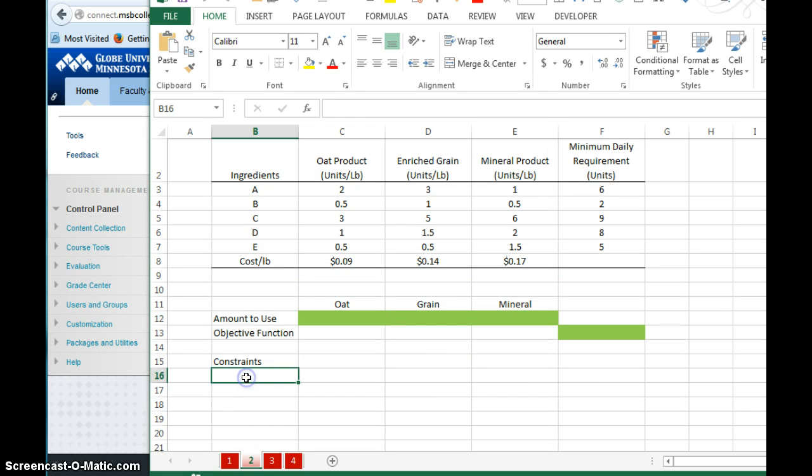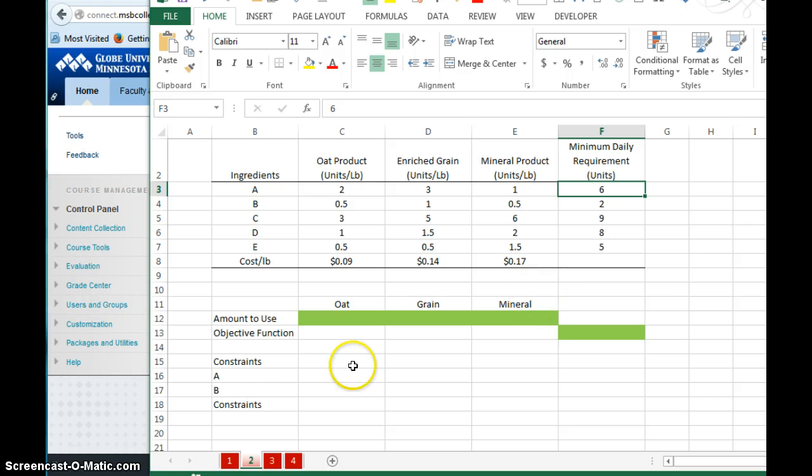So you've got constraints here. The constraints are going to be each of the ingredients that we're given here. You see, we're given ingredients A through E. Then you've got the number of oats in units per pound, the number of grain, mineral units, and the minimum daily requirement. So here's what we need.